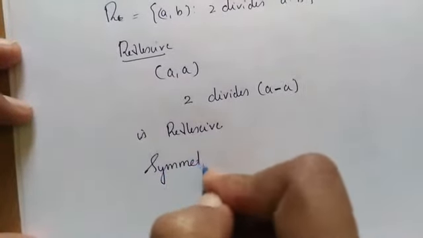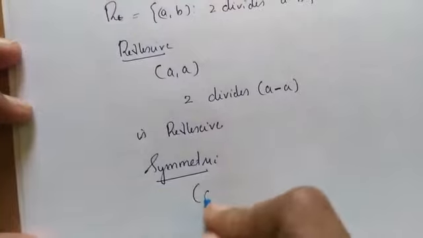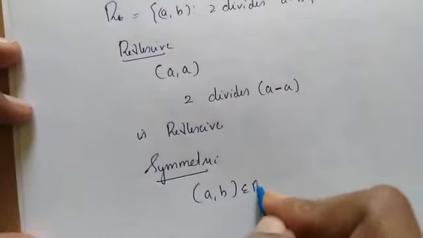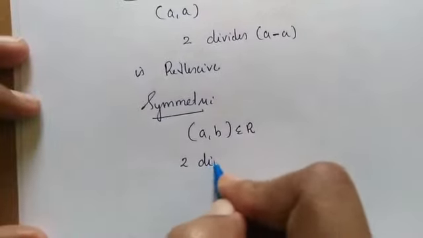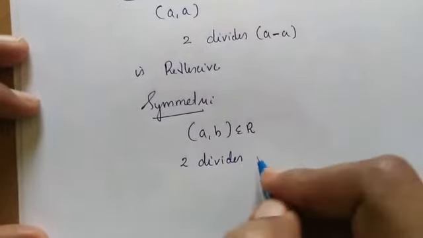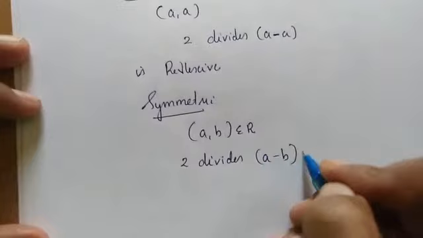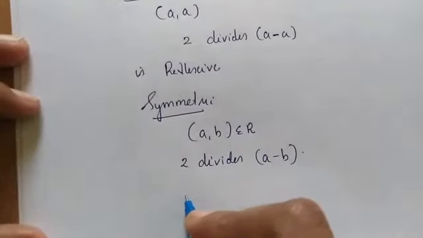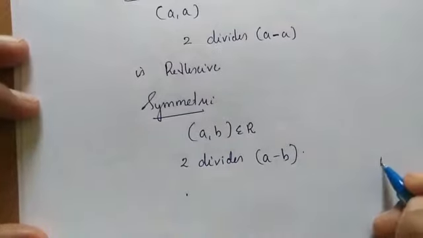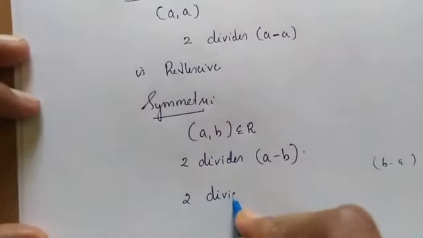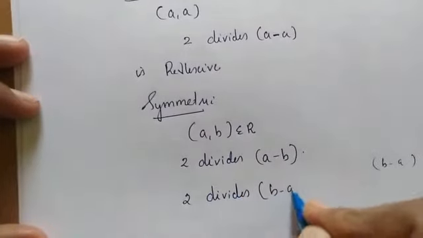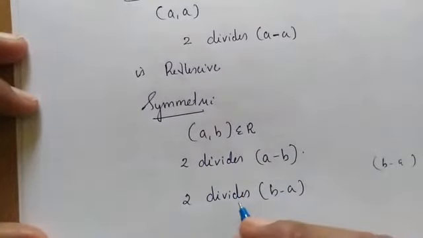Second case, symmetric. a comma b element of R, then our condition is 2 divides a minus b. Again, when considering b minus a, 2 divides b minus a, because a and b are elements of integers.